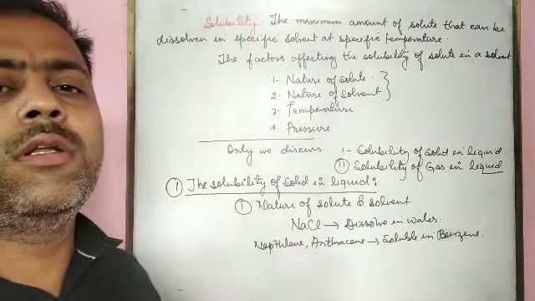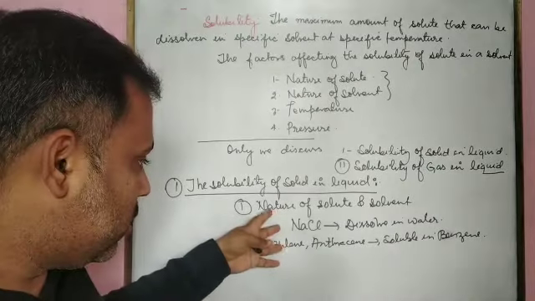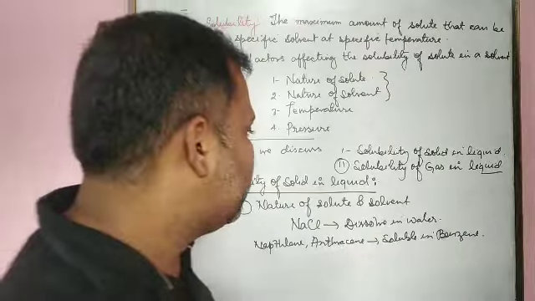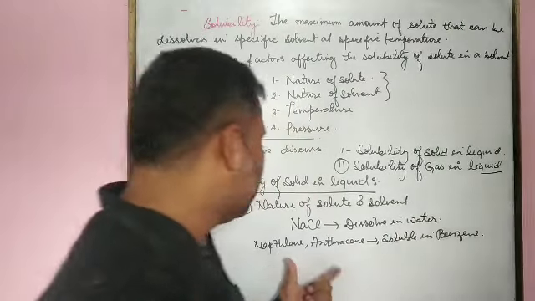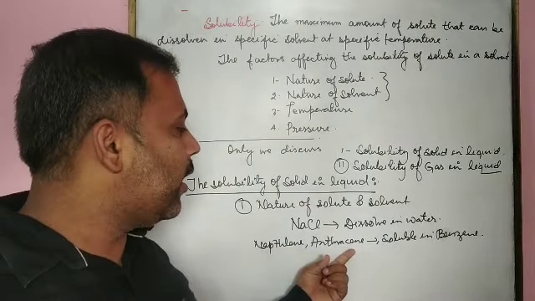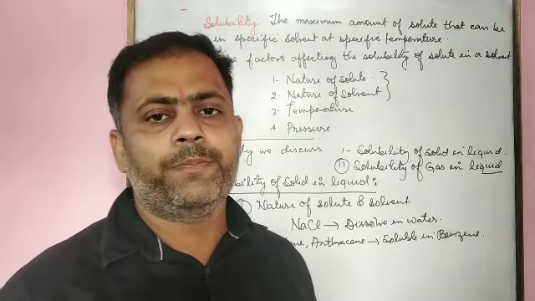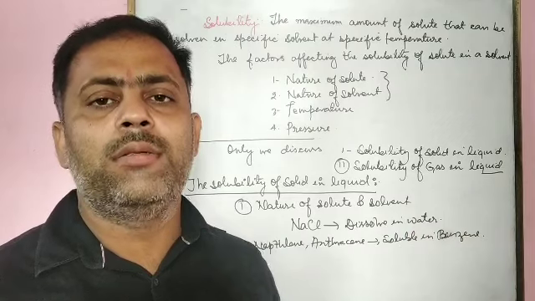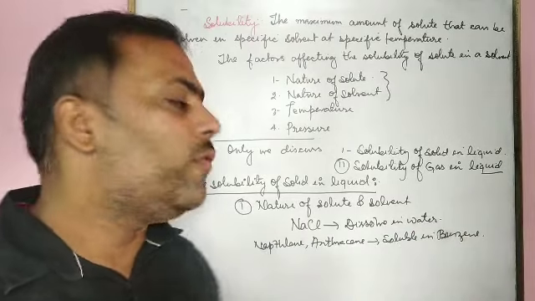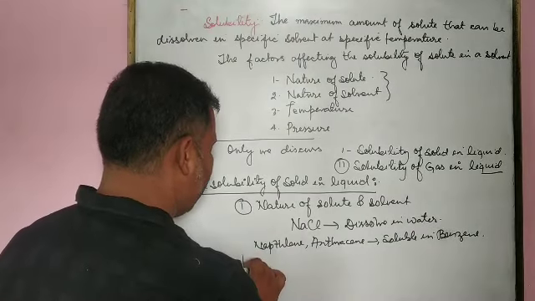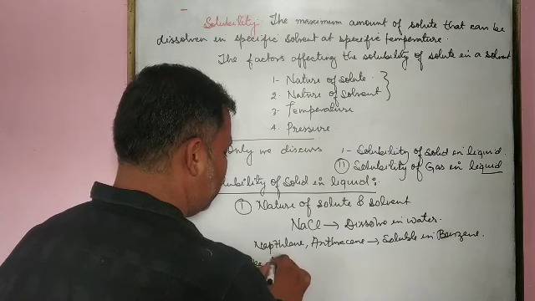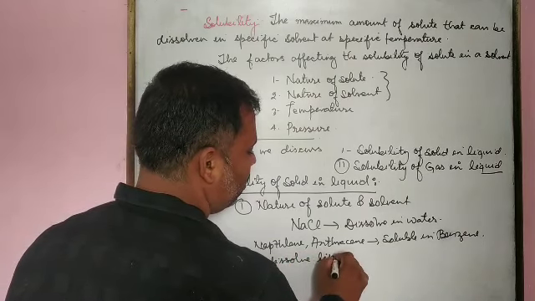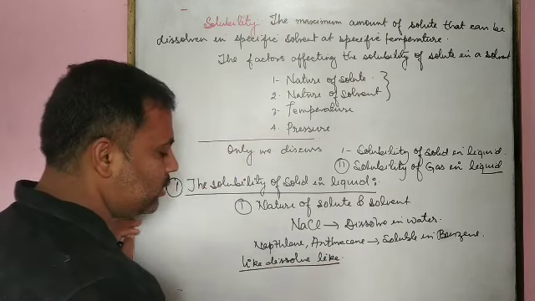What does the dissolution of sodium chloride in water convey, and the dissolution of naphthalene and anthracene in benzene say? They say what we have studied in class 10: like dissolves like.